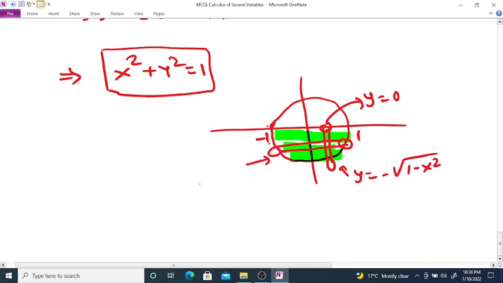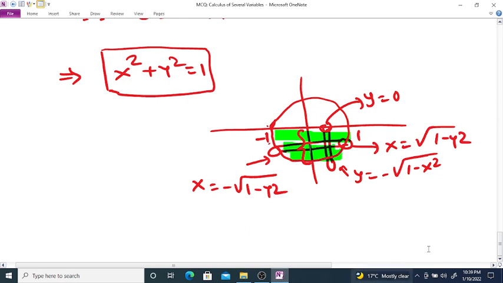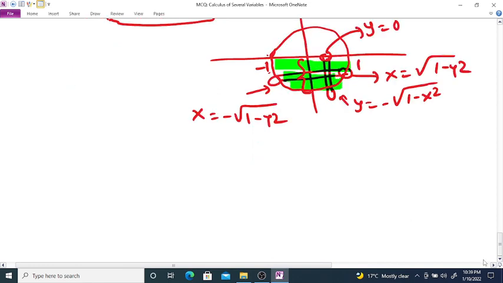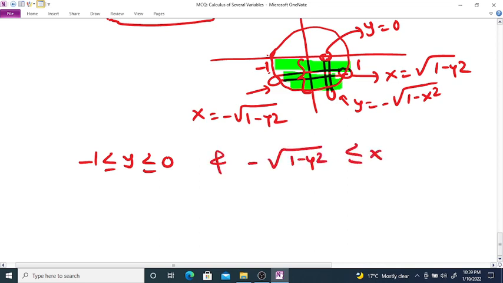x equal to minus square root of 1 minus y squared, and it leaves at x equal to square root of 1 minus y squared, and such strips we are going to put from this point to that point, that is minus 1 to 0, and therefore the new limits are minus 1 less than or equal to y less than or equal to 0 and minus square root of 1 minus y squared less than or equal to x less than or equal to square root of 1 minus y squared.